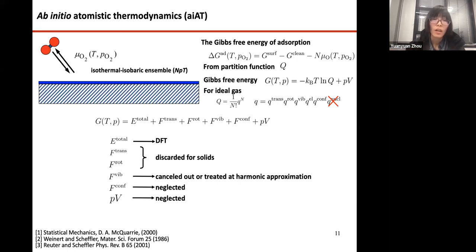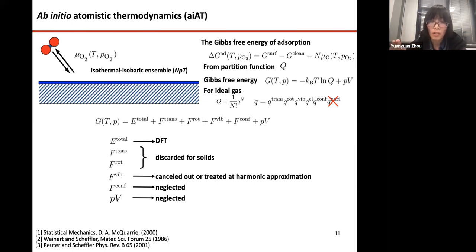That is the total electronic energy. In practice, you can just do DFT calculations to get the total energy of your system. And these terms are due to the solid system: the translational and rotational free energies are discarded, and the vibrational contribution for some systems is negligible, or at least treated in the harmonic approximation. In practice, usually the configurational free energy is also neglected.